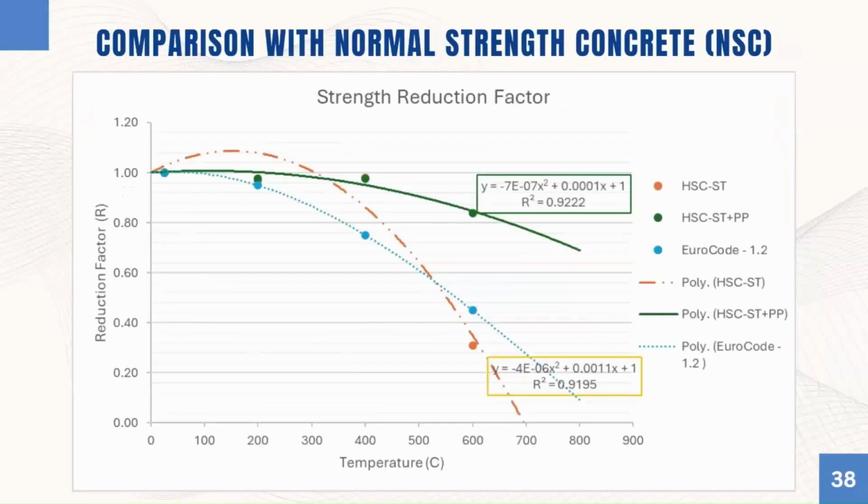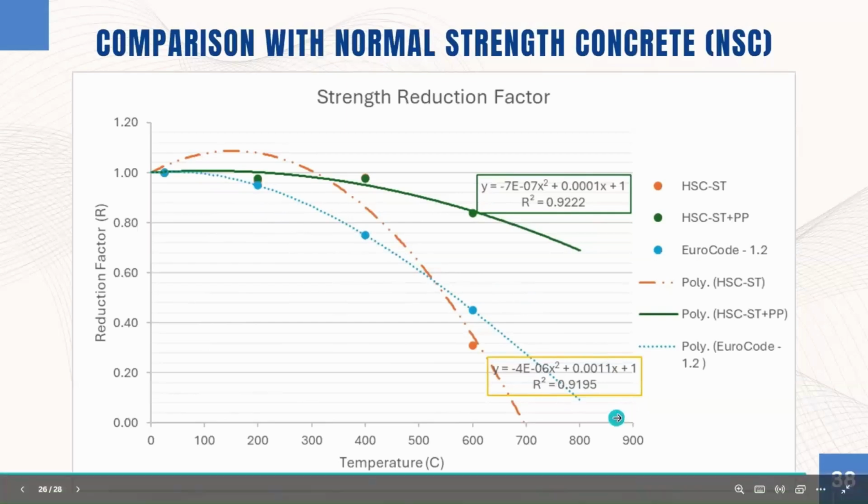Now, to compare our results to those of normal strength concrete, we have obtained the strength reduction factors from the Eurocode 1.2, and we set our results to compare with the Eurocode. The Eurocode, as presented in the blue figure, shows a uniform reduction in strength with an increase in temperature.